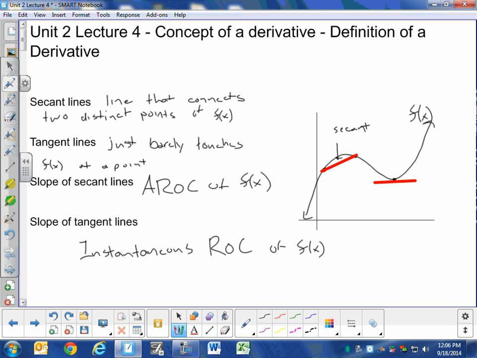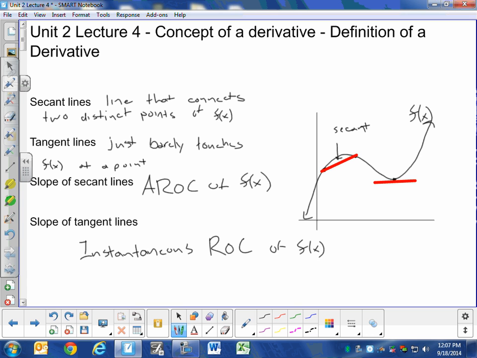Okay, how we introduced that to you was by asking about the exact velocity of this dude at this specific position. We said if we knew the position of the dude a little bit after the time we were looking at and a little bit before, we would create this line. And when we sketched this line, we created what looked like a tangent line, and it is a tangent line.